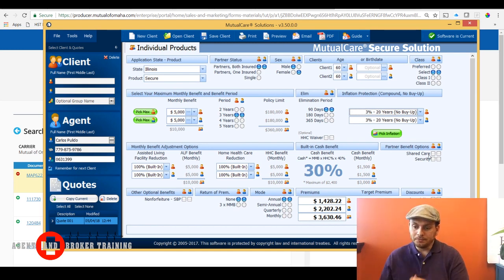Okay. I don't know much about security. You can look it up again in the brochure. But shared care, I know that, let's say you got a husband and wife that are getting the long-term care. Let's say the husband is eligible for long-term care and he's getting his long-term care. What if he stays alive for over 3 years? Well, if you do the shared care, then that means that the husband can dip into the wife's long-term care.